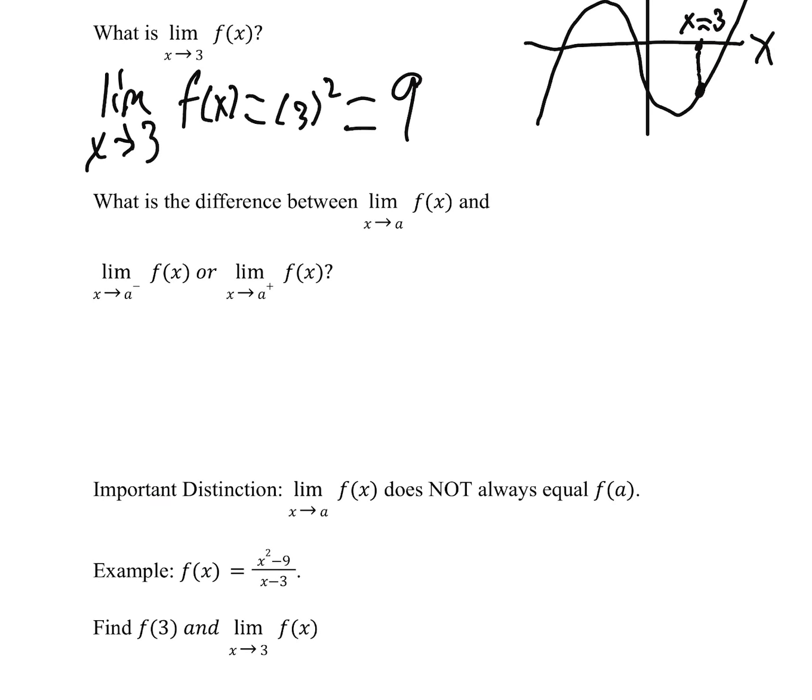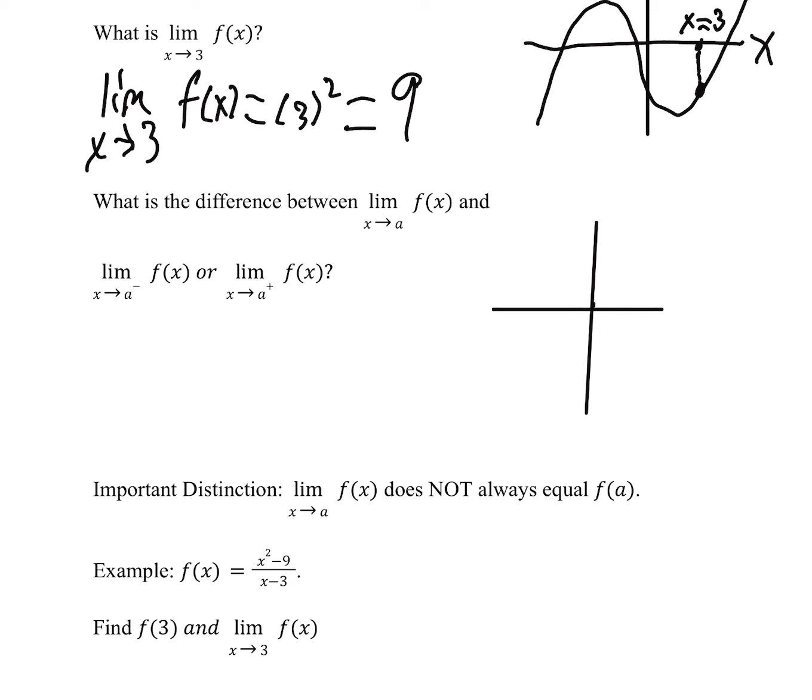So this next question says, what is the difference between the limit as x goes to a, where a is just some constant, of f of x, and the limit as x goes to a from the left side, and the limit as x goes to a from the right side of f of x? So again, I want to draw a graph here to show you guys this.